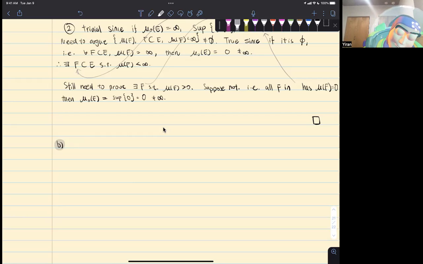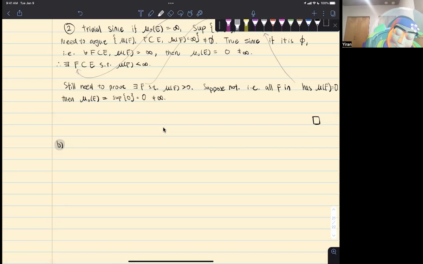So now the proof. Let's prove that mu of E is a measure. Well, mu of the empty set clearly is finite, so it is not infinite, so it's 0.